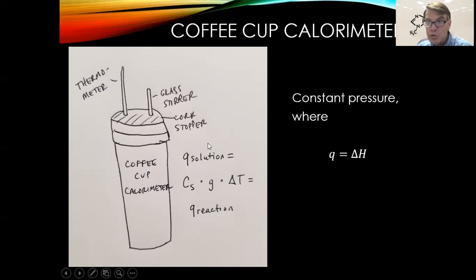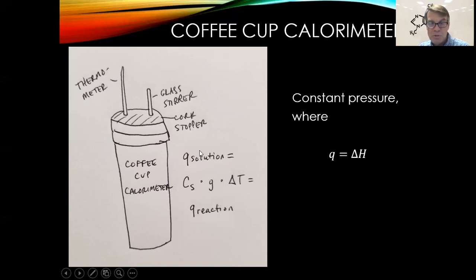The solution is going to lose that heat, but it's going to be the same magnitude. But this will be positive and this will be negative, or vice versa. If the reaction is exothermic, then it's losing energy. This is going to be negative, and the solution is going to gain it. This is going to be positive, but it'll be the same quantity, same number, just a different sign.